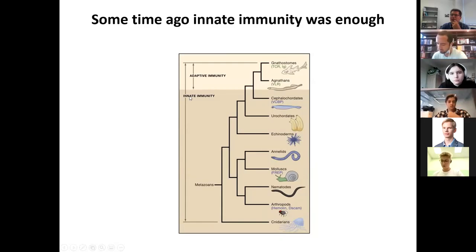Innate immune cells, such as macrophages, have been present in a great many organisms for a very long time. However, the adaptive immune cells, carrying T-cell receptors and B-cell receptors, only appeared from what's referred to as the jawed fish stage and later on.